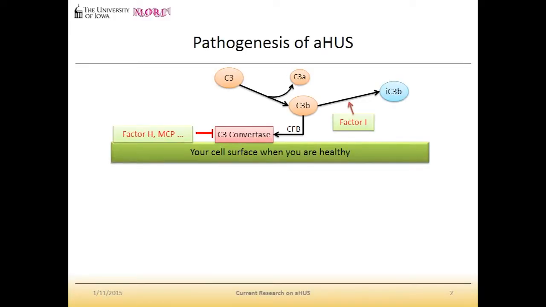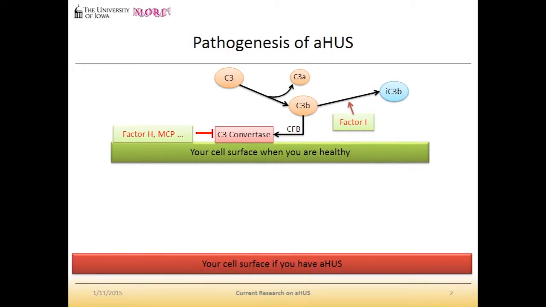So as we discussed this morning, aHUS is caused by the dysregulation of the complement pathway on the cell surface level. In healthy people, the C3 convertase is automatically generated and deposits on the cell surface. But healthy people have complement regulators to stop the activity of the C3 convertase.